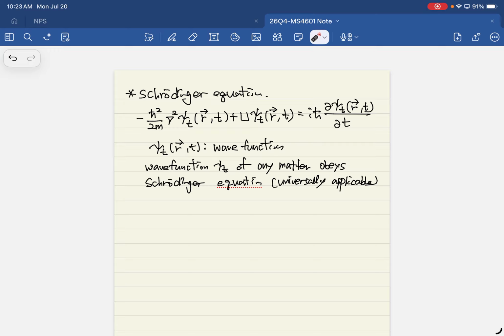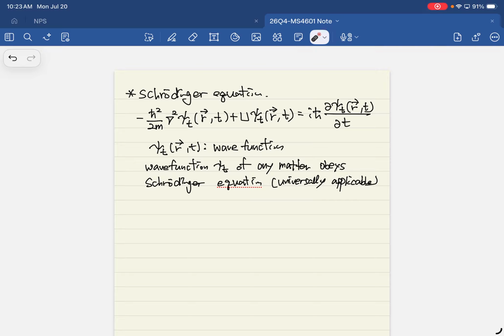And as we learned, any matter can be expressed as a wave, right? That is essentially where de Broglie's matter wave was introduced.